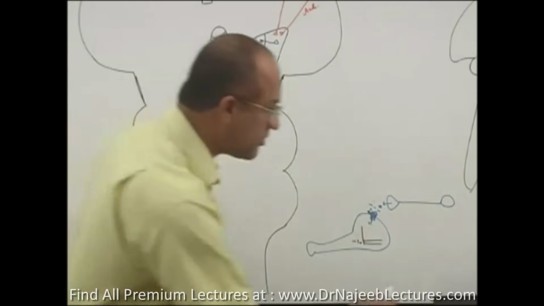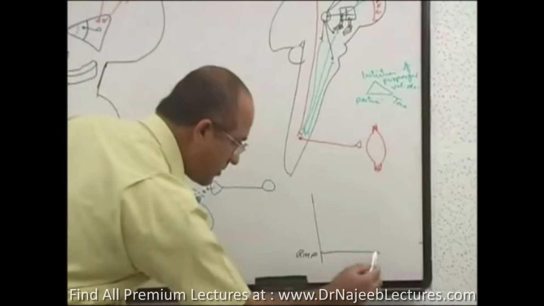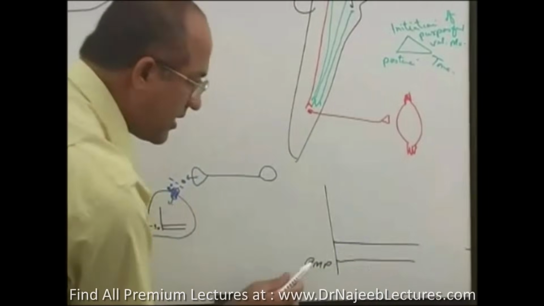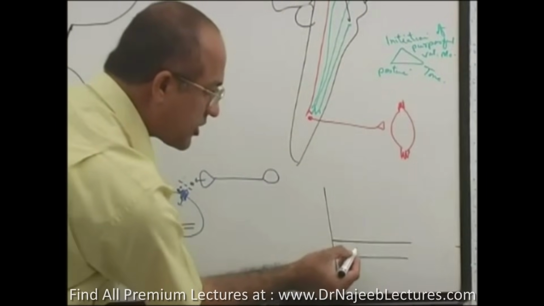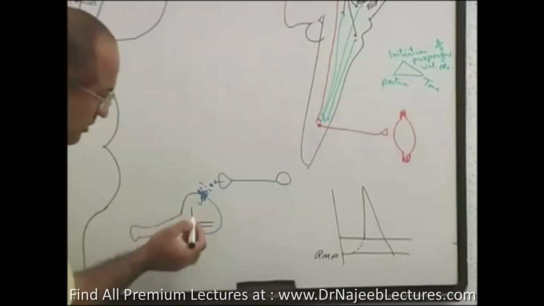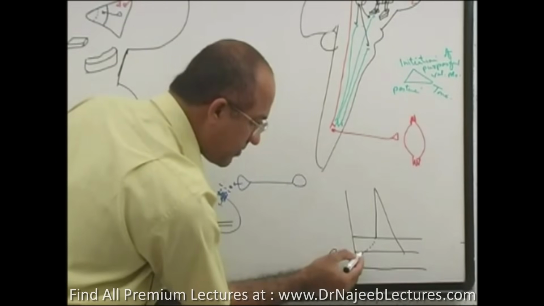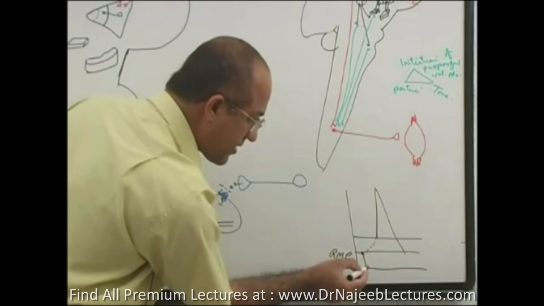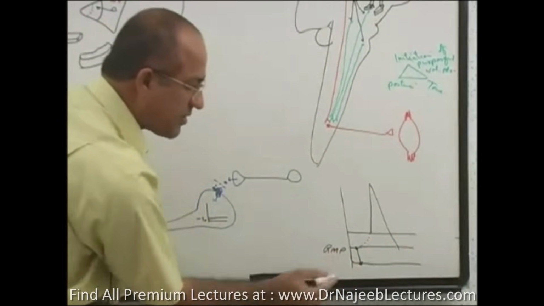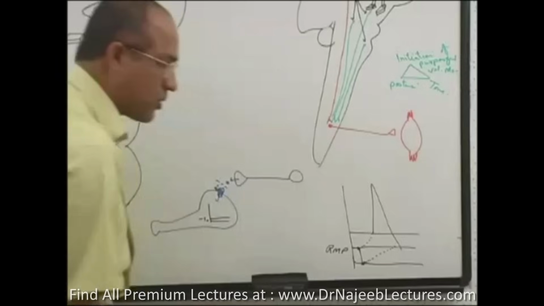No. Because stimulation means that you should bring the resting membrane potential to threshold and then the action potential starts. But when you are loading the cell with chloride, it becomes too electronegative. So after Gaba action, the resting membrane potential has become more negative, and now it becomes more difficult to take the resting membrane potential to threshold.